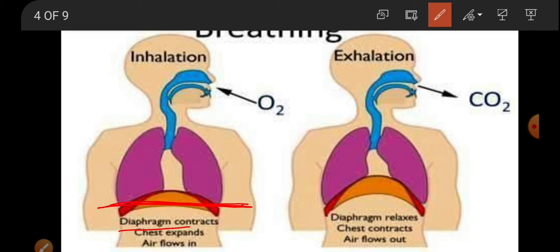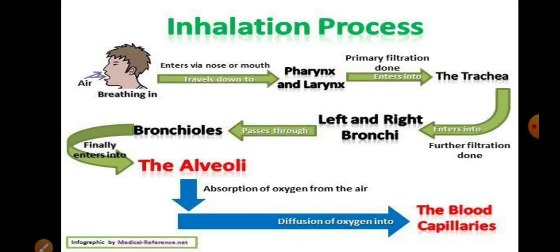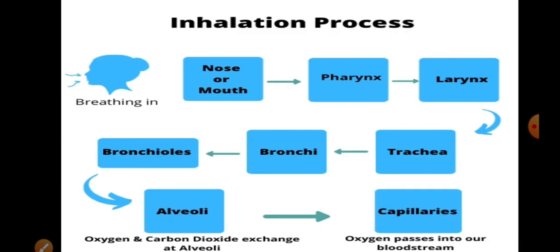It contracts and relaxes, which creates a pressure difference in the lungs that leads to the inhalation and exhalation process. Children, in our next classes we are going to learn what inhalation is, what exhalation is, how breathing is different from the respiration process, and then the passage of air, that is, the respiratory organs involved in the breathing process.